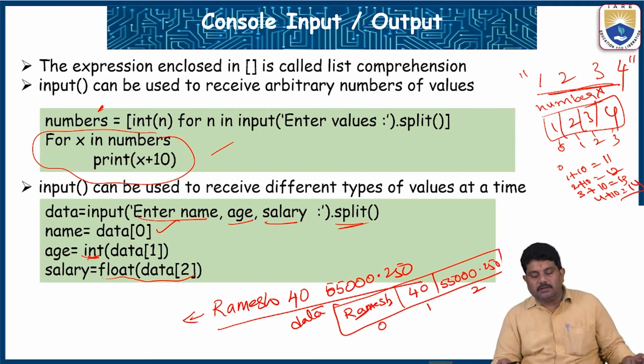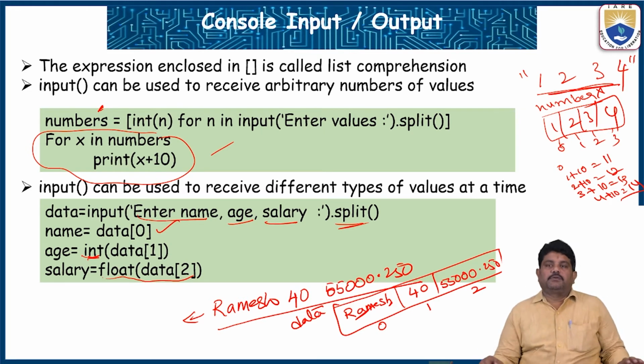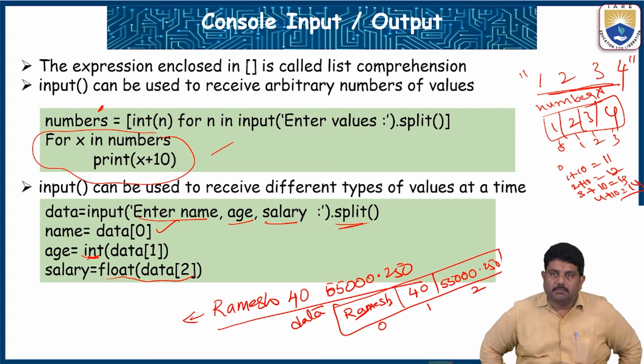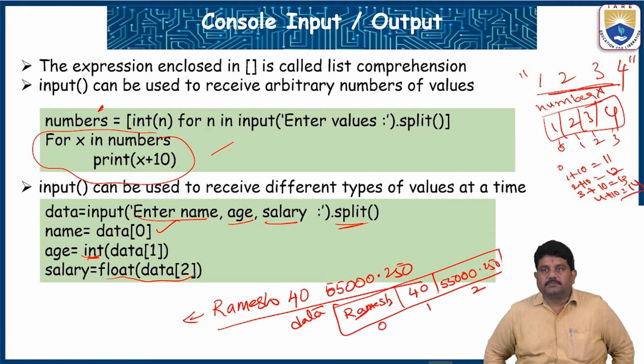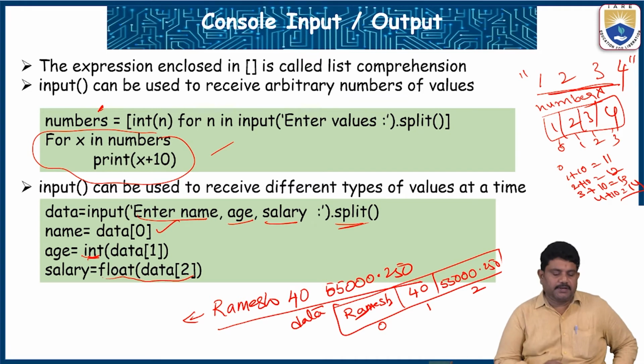That is how we can input multiple values of different data types through the input function, separate them, store them into the required variables, and perform the required operations. So that is how we can take input and output.